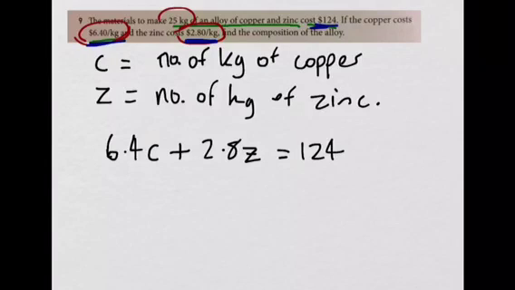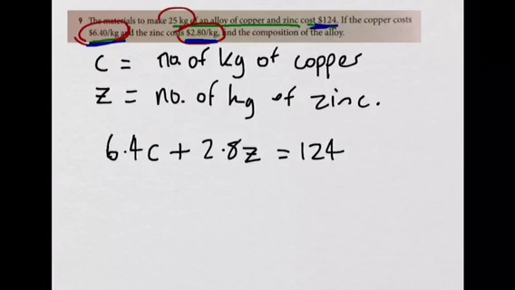Just a little hint, when you're doing your algebra, it's good to put a little line through the angled part of the Z, so you don't confuse it with a 2. Okay, so we have one equation there. Equation 2, let's try the things in red with the kilograms.